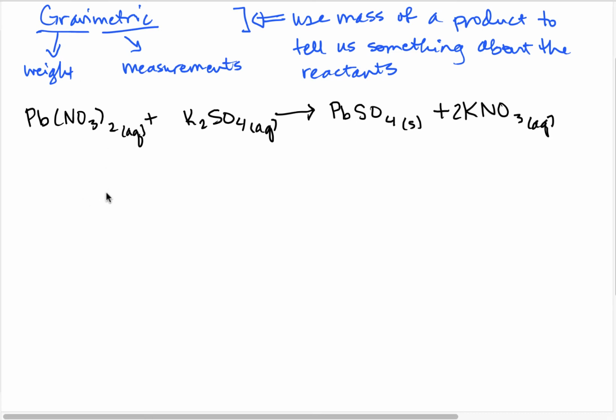So let's take a scenario where we're going to do gravimetric analysis. A situation might be something like this. We have 25 milliliters of some lead nitrate, and we have an unknown molarity.